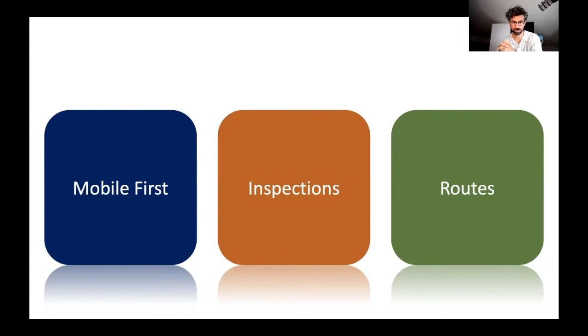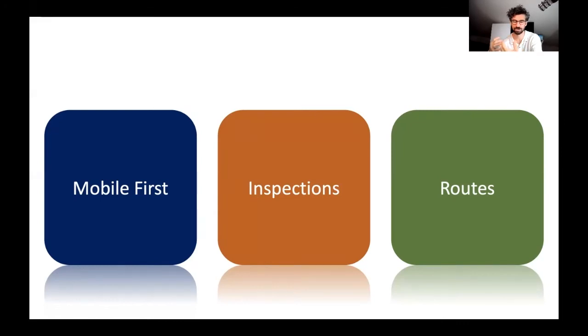The second part of it is inspections, and it's a Resco inspections product, I should say first, not to be mistaken with some other inspections products. This is coming from Resco's kitchen, and think of it as a really robust tool for creating dynamic forms for data collection. We understand that this is a huge topic, and it's proven by some of our customers who use inspections as a standalone product.